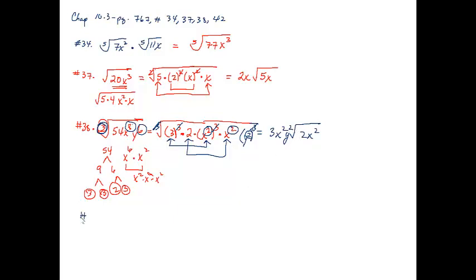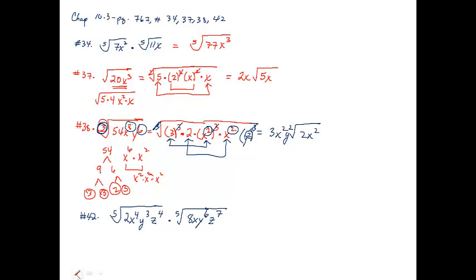All right, last problem, number 42. It says multiply and simplify. So I have the fifth root of 2x to the fourth, y to the third, z to the fourth, times the fifth root of 8xy to the sixth, z to the seventh.